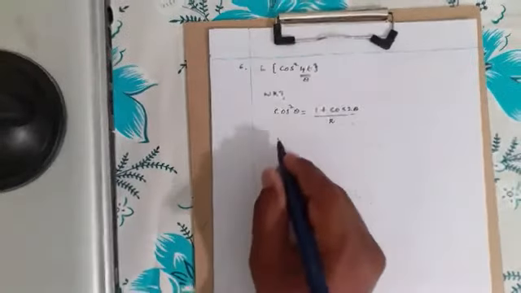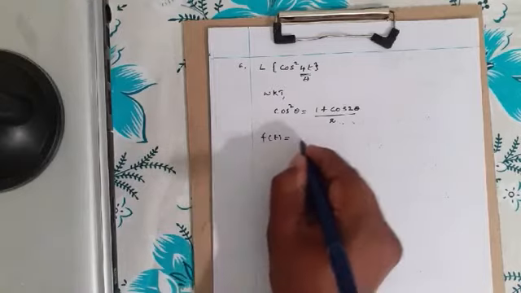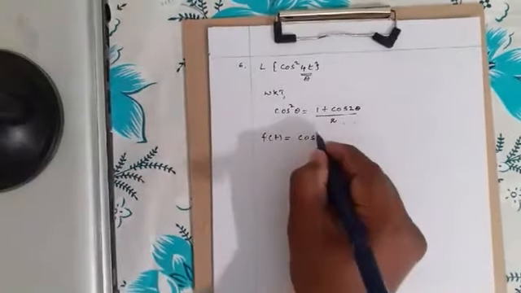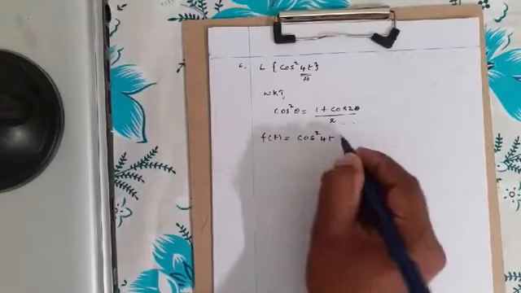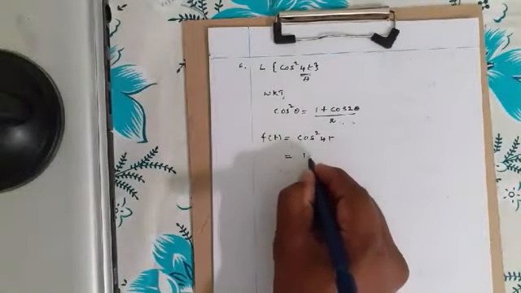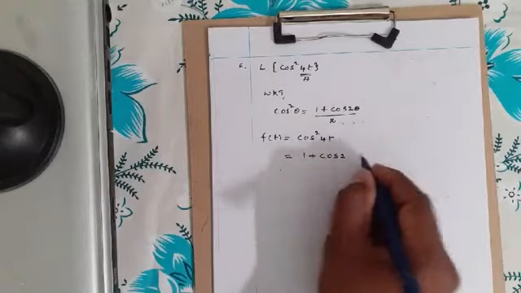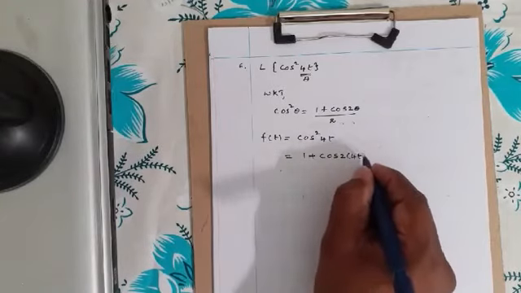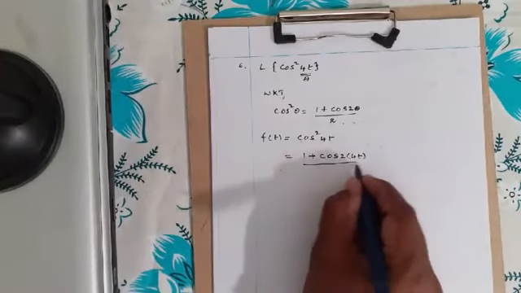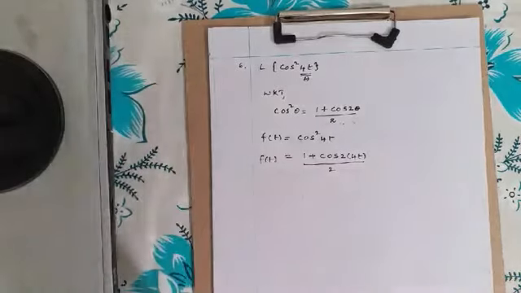Now when you apply it in the given problem, what is f of t given? f of t is cos square 4t. When you apply it, this is equal to 1 plus cos 2 into theta, which is 4t, so I write 4t here, then upon 2. Now this is f of t.